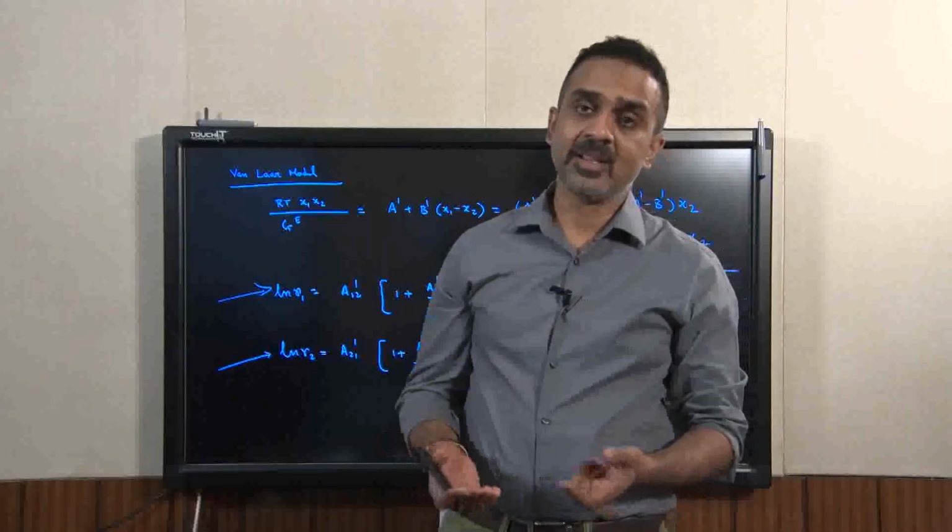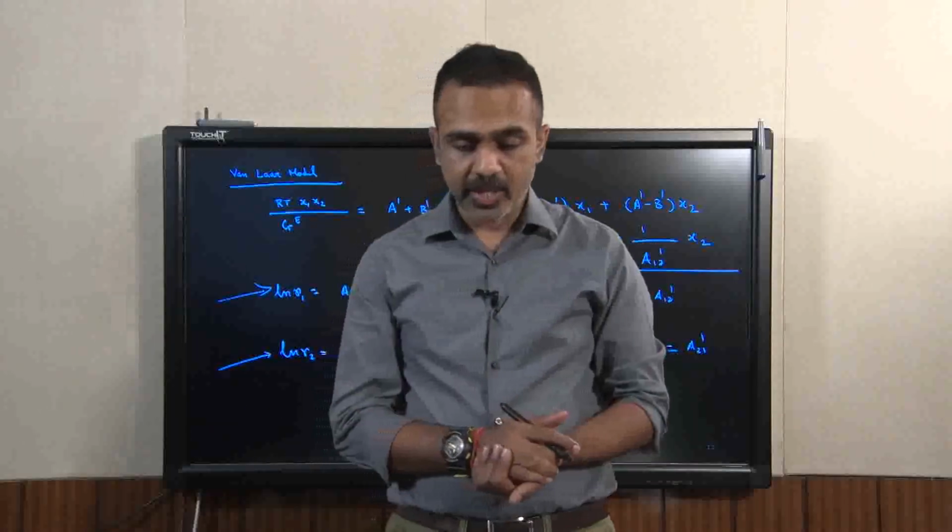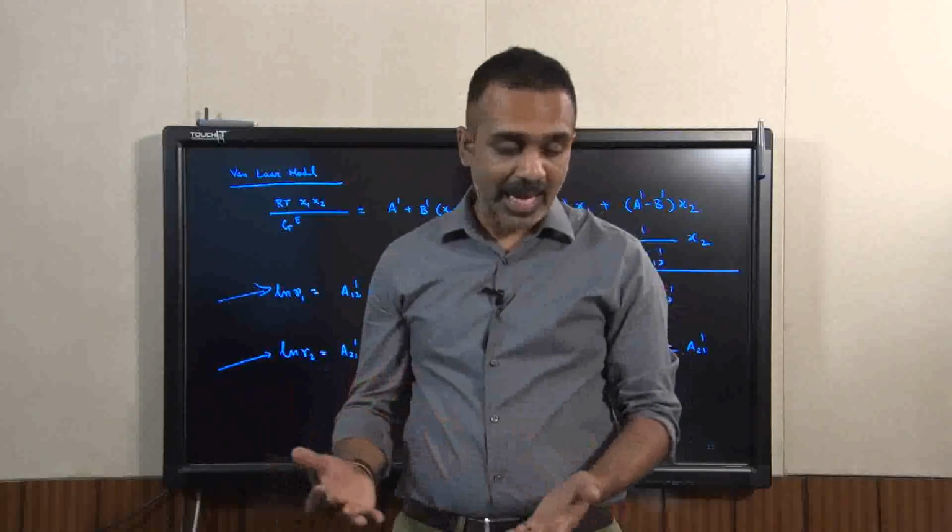Now, all these models we have looked at so far are based on power series expansion. They have very little theoretical basis behind them. The next set of models that have been developed for activity coefficients or excess Gibbs free energies are based on the concept of local composition.